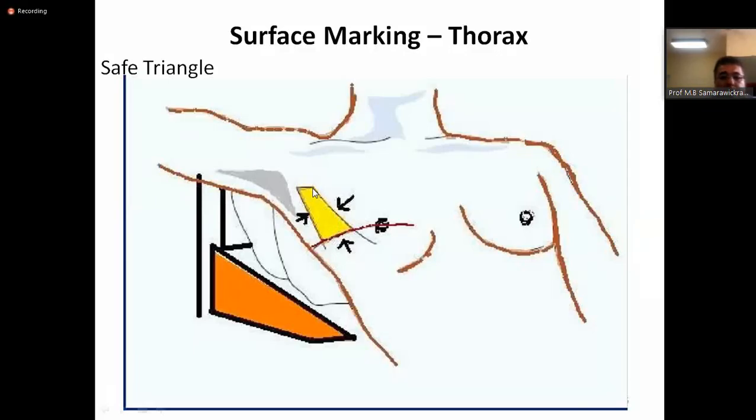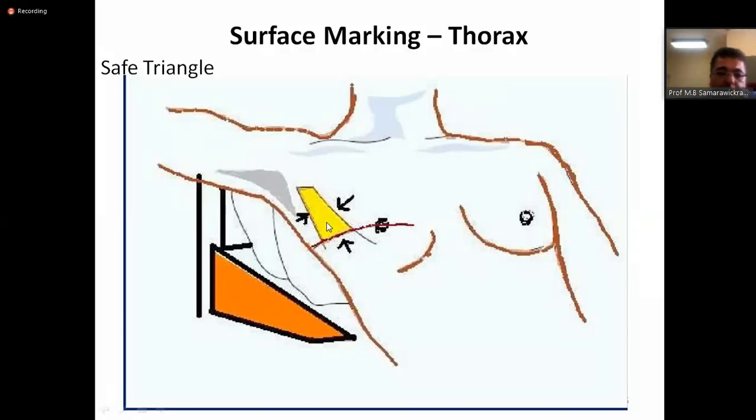That triangle is surface marked by the anterior axillary line, then the mid-axillary line, and the inferior limit is the 6th rib, right? So the triangle is formed by these three lines. Within this you can insert an intercostal tube, right? And to identify the 6th rib, for example, you start counting ribs from the sternal angle level downwards, right?